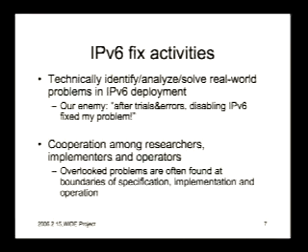Our enemy, we think, is the phrase "after trials and errors, disabling IPv6 fixed my problem." After several problem analyses, we realized the importance of cooperation among researchers, implementers, and operators, because overlooked problems are often found at boundaries of specification, implementation, and operation.